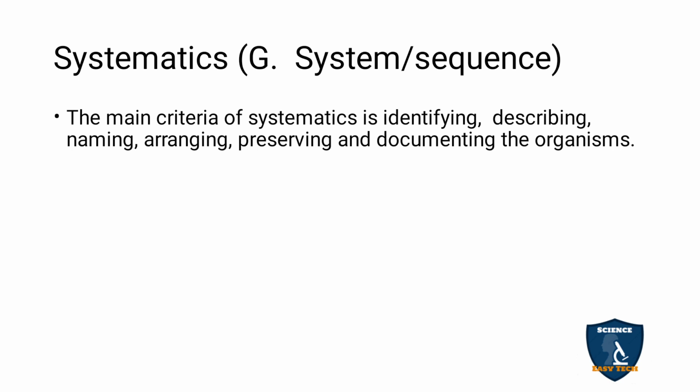And documenting, like the birth certificate of the baby or the immunization chart of the baby, you are documenting. So like that, in a systematic way, you are going to study the organism. So first you have to identify, then describe, then name, then arrange, preserve and document the organism. That is called systematics. So in a systematic way you are studying.